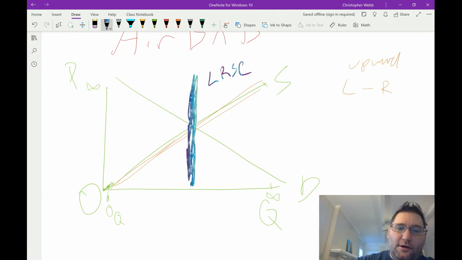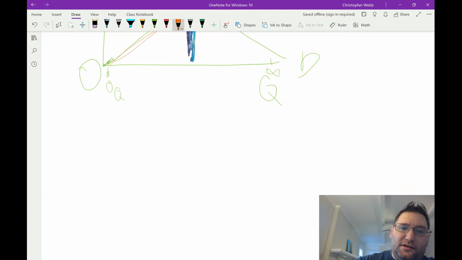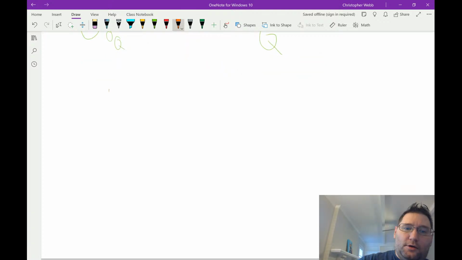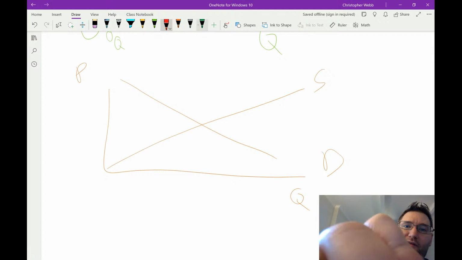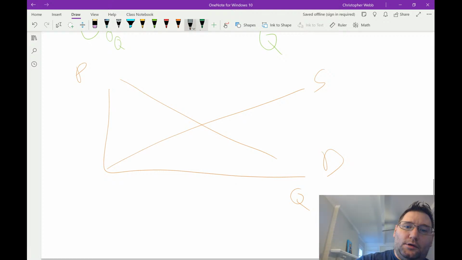So first, I just want to go back to the basics. We're going to do a quick market recap: supply, demand, price, quantity. We have price 1 for quantity 1.